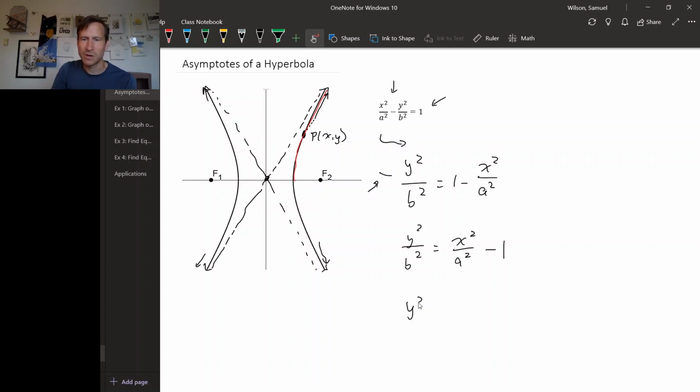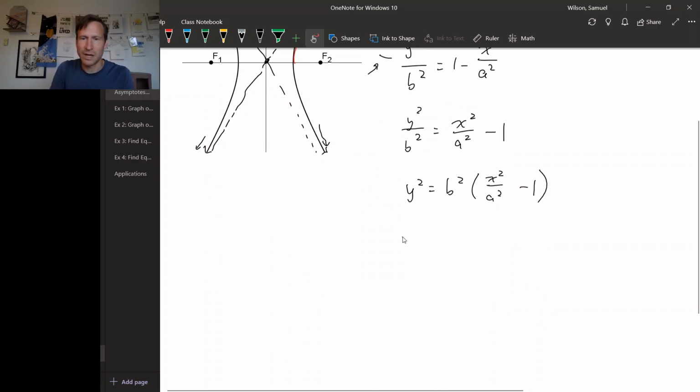y squared equals b squared times x squared over a squared minus 1, and then take square roots. So we get y equals the square root of b squared times x squared over a squared minus 1.